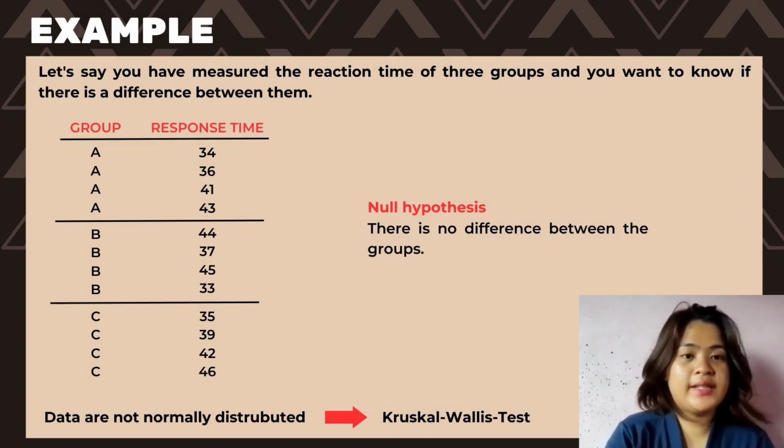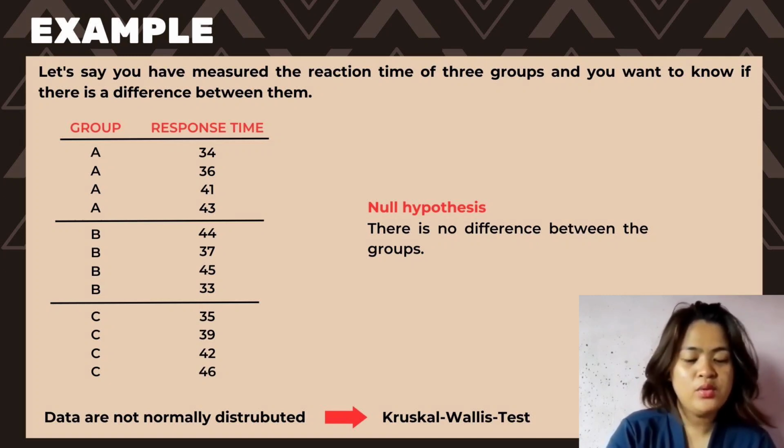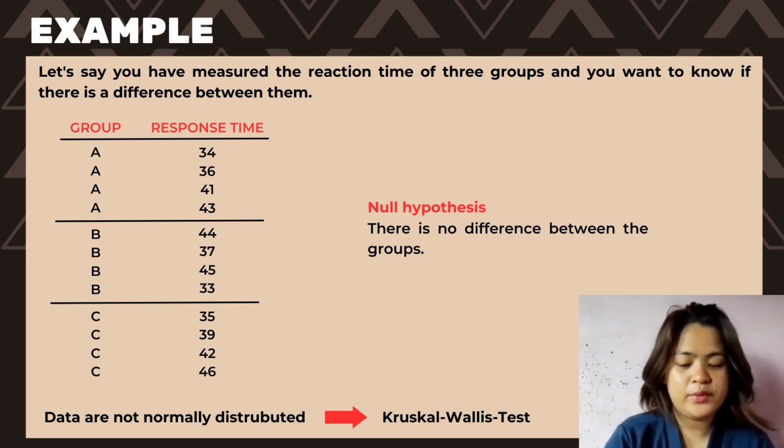So we have written down here the measured reaction time in a table, and let's assume that the data is not normally distributed and therefore we have to calculate using the Kruskal-Wallis test. So then, our null hypothesis is that there's no difference between the groups, and we will test it now.